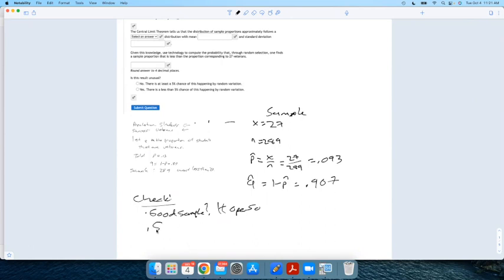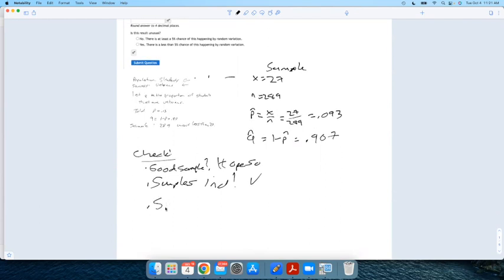Are the samples independent? Does the act of going out and collecting this sample affect other samples? That's really hard to mess up. Samples are almost always going to be independent. What we really got to check is our size condition. We need n times p to be bigger than or equal to 10, and n times q bigger than or equal to 10.